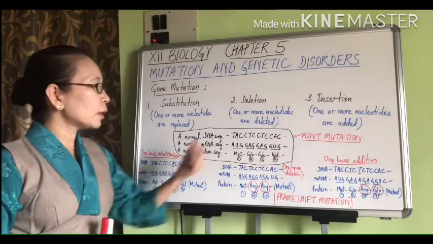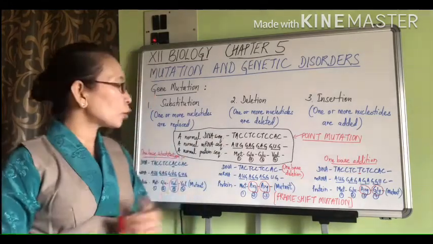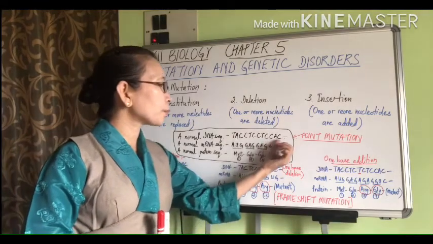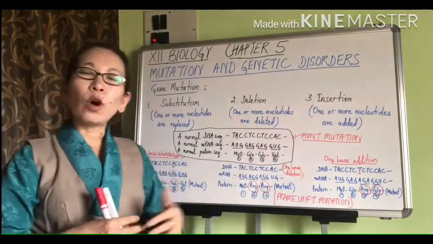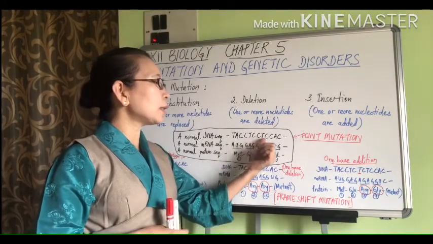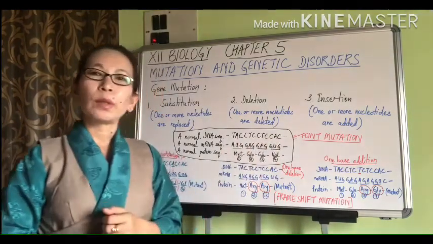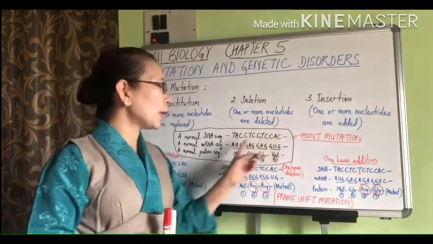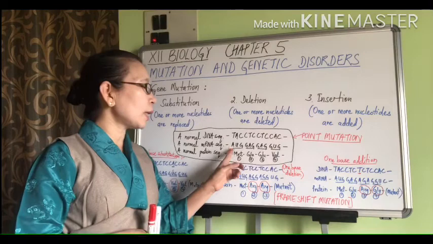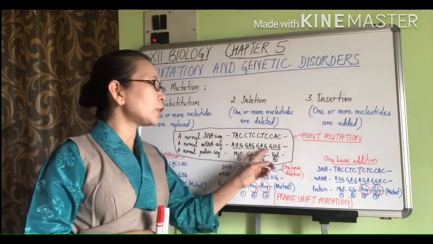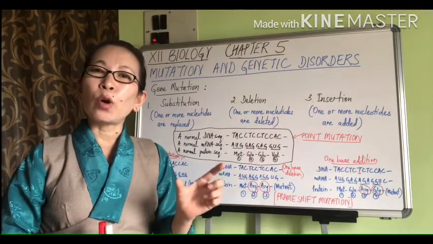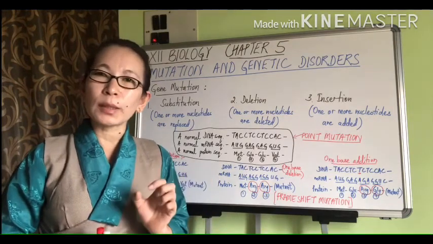Now, let's study this in a simple example. This is just a hypothetical example. Here I have shown a normal DNA sequence which reads as TAC, CTC, CTC, CAC. So this normal DNA is synthesizing an mRNA which reads as AUG, GAG, GAG, GUG. So mRNA is always read in groups of 3 bases or triplets, right?